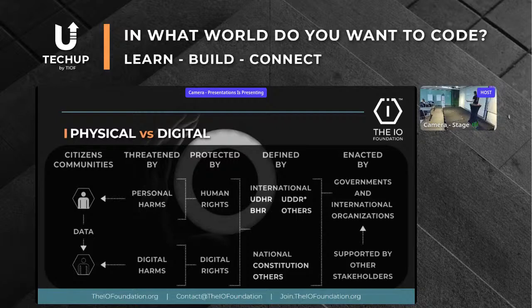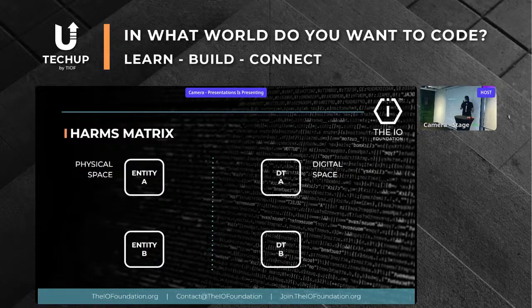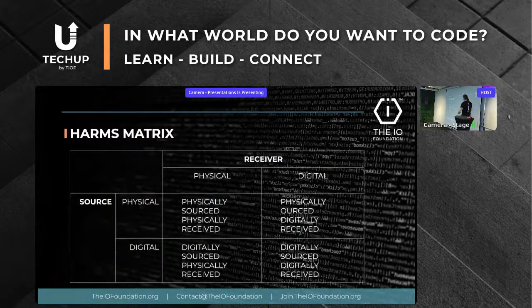Now, we also discussed yesterday this duality between the physical space and the digital space, where in our diagram, we have an entity A and an entity B. Both of them have their own digital twin, and so they correlate with each other. And we were reviewing yesterday that one of the interesting findings when we were trying to put BHR into the context of our work was that what really mattered was the source of the harm and the receiver of the harm.